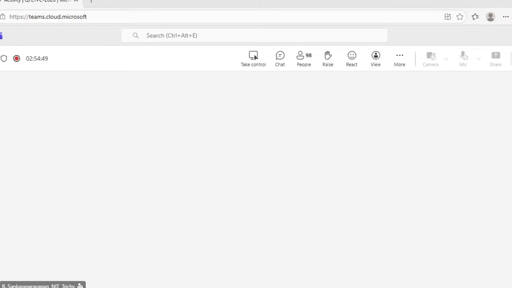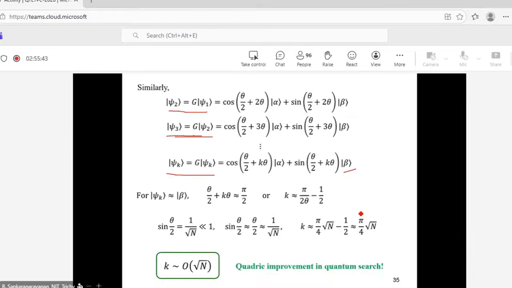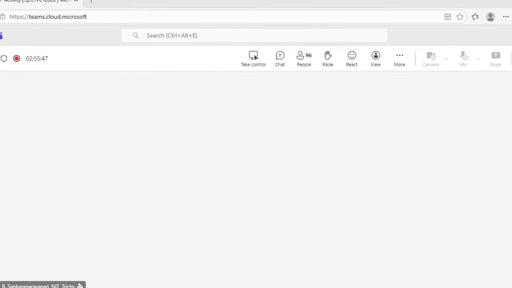So essentially, you're asking the question: how many times do I have to apply G so that psi k becomes beta itself? Okay, beta is my solution. Alpha is not my solution, right? So beta is my solution.